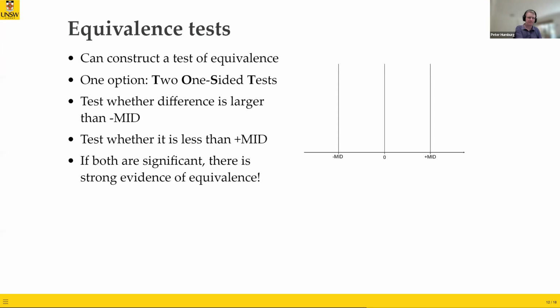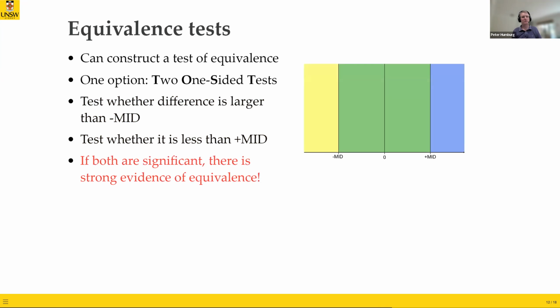The first one looks at the lower boundary of that region and tests whether the difference we observed is larger than that lower boundary. And then the second test looks at the upper boundary and tests whether the difference is smaller than the upper boundary.